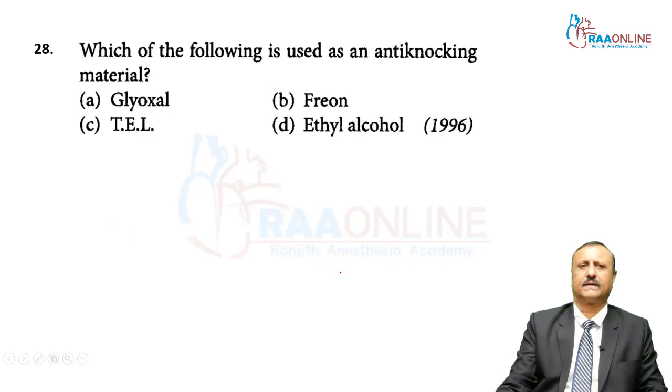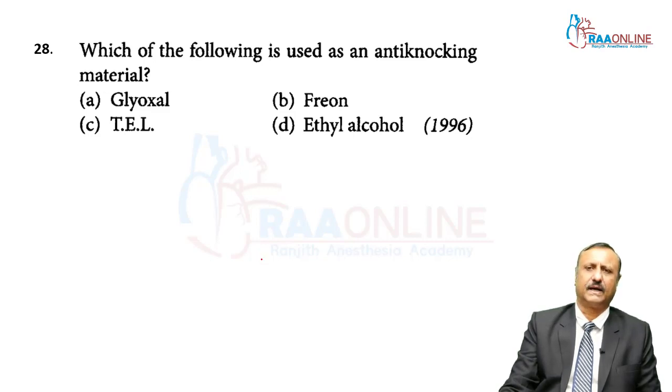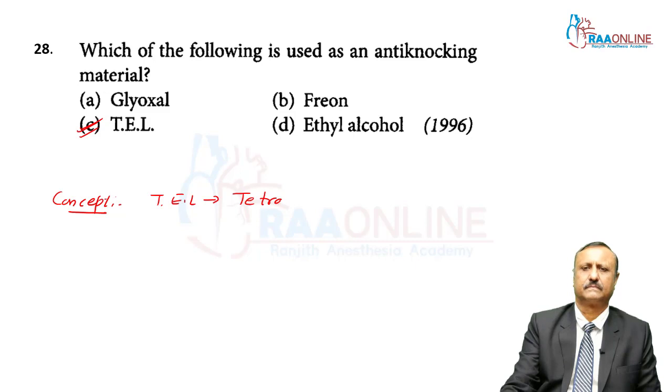Now we can discuss question number 28. This question was asked in 1996: which of the following is used as an anti-knocking material? Here, my dear friends, the answer is TEL, and what is TEL? TEL means tetraethyl lead.